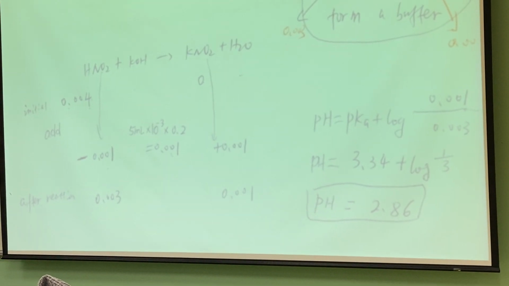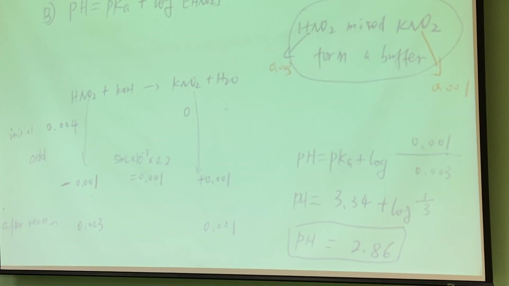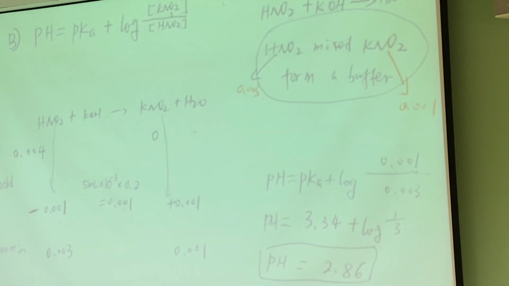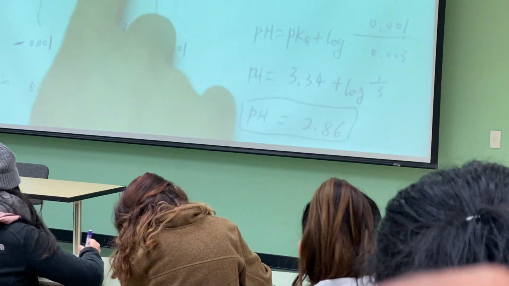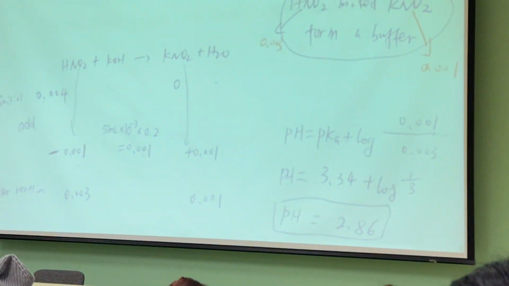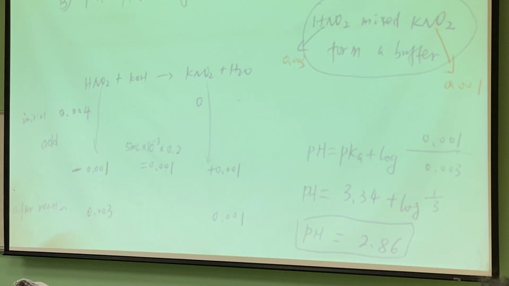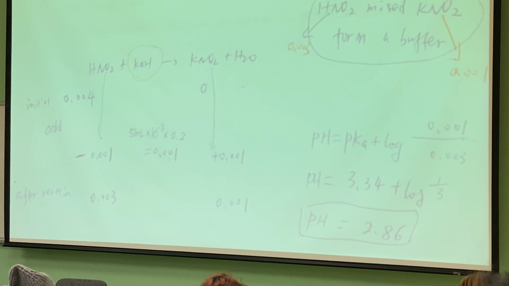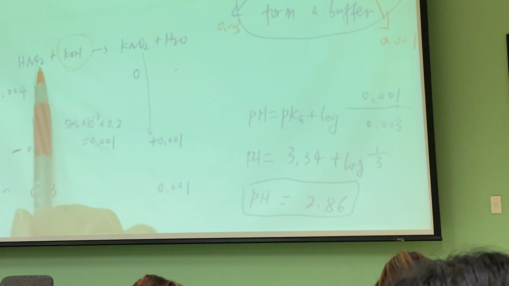Okay, so that is what happened when you only add 5 milliliters of potassium hydroxide. So you have to understand the new buffer system, and then how to determine the concentration. A little bit tricky here, right? So eventually all this potassium hydroxide is gone, but you still get some acid left.